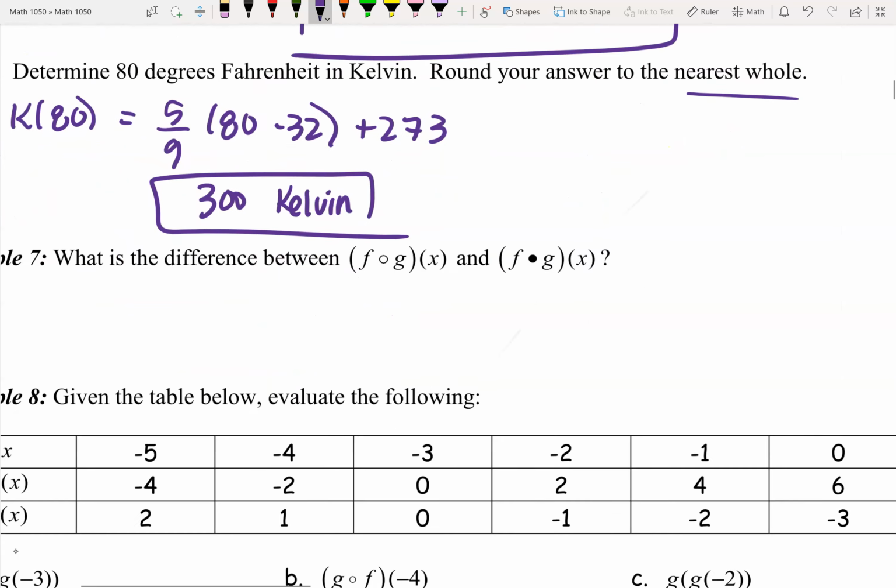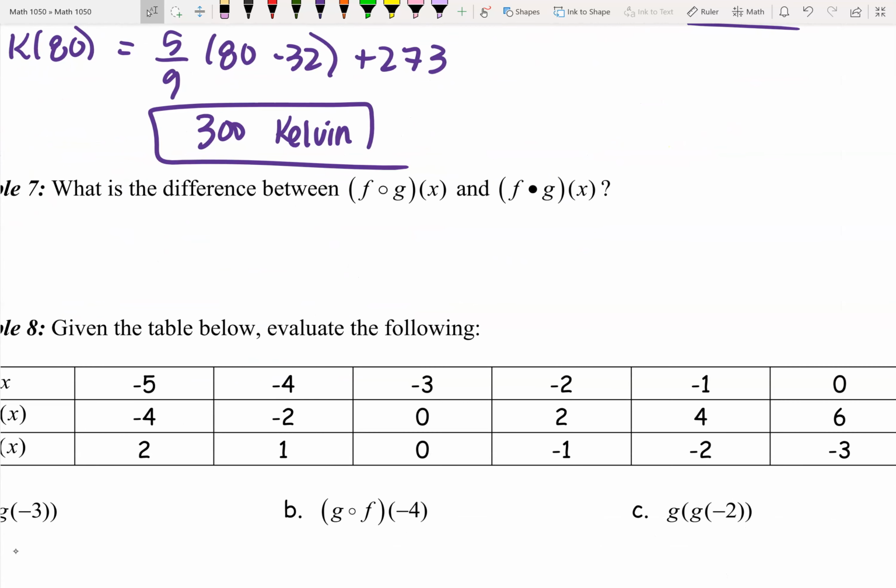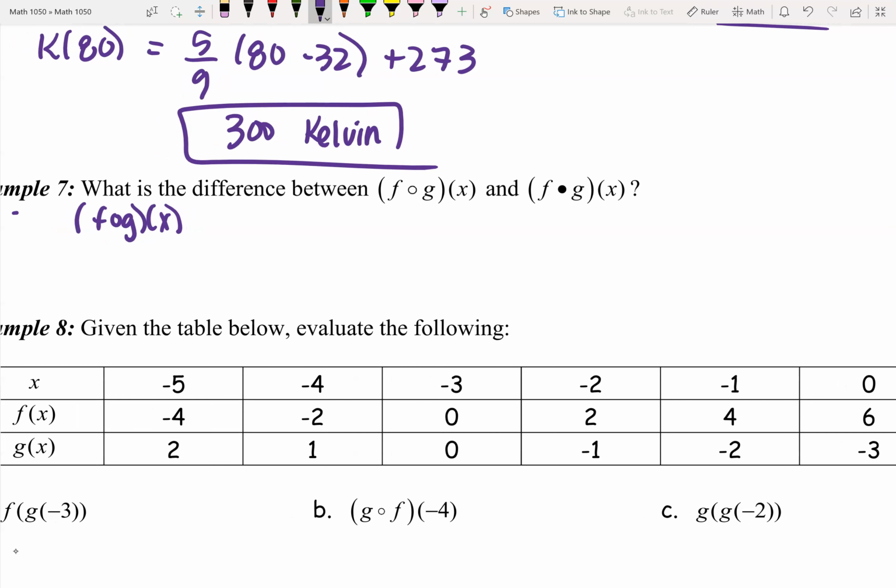Okay, question 7. We already talked about this. What is the difference? Okay, people get confused on this. So everybody go F of G of X. In F of G of X, plug G of X in for X into F of X. So basically take your G of X, put it into F of X wherever you see an X, okay?